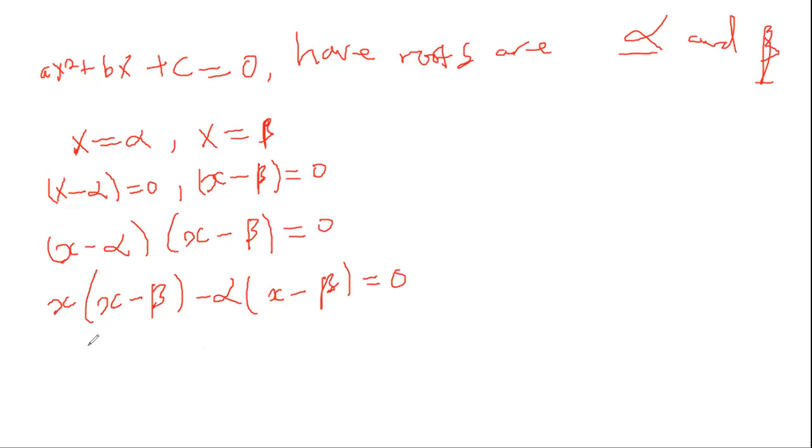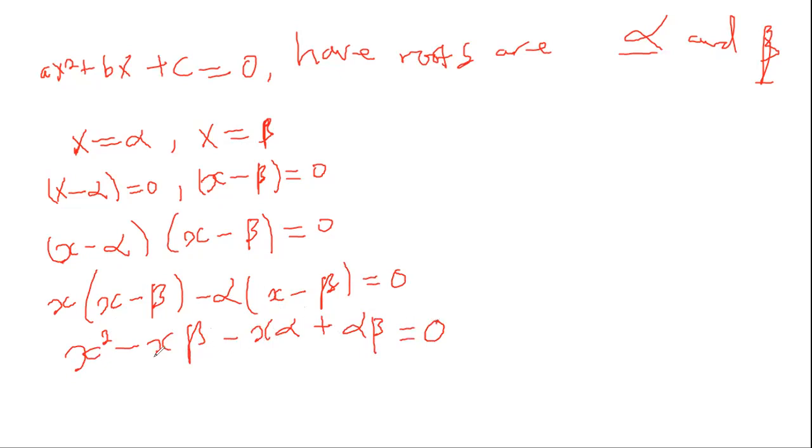So x times x gives me x squared minus x beta, then minus x alpha, plus alpha beta is equal to 0.